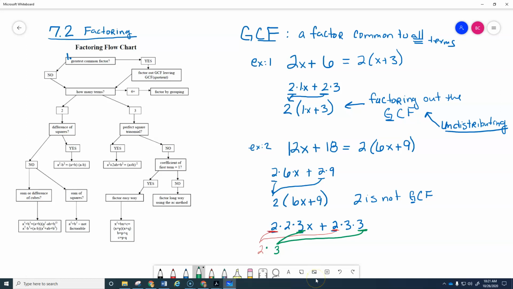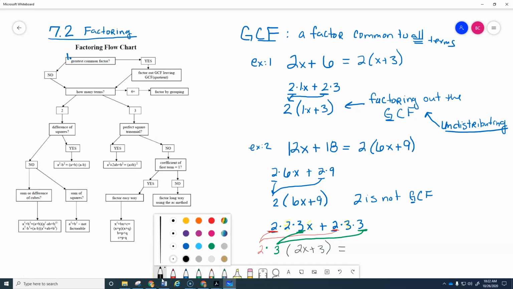And then the part that's going to be left inside was this 2 and the x and this 3. Those are the parts that were left inside. So when I close my parentheses, 2x was left inside and 3 was left inside. What I now see is that in this problem, 6 was the greatest common factor.